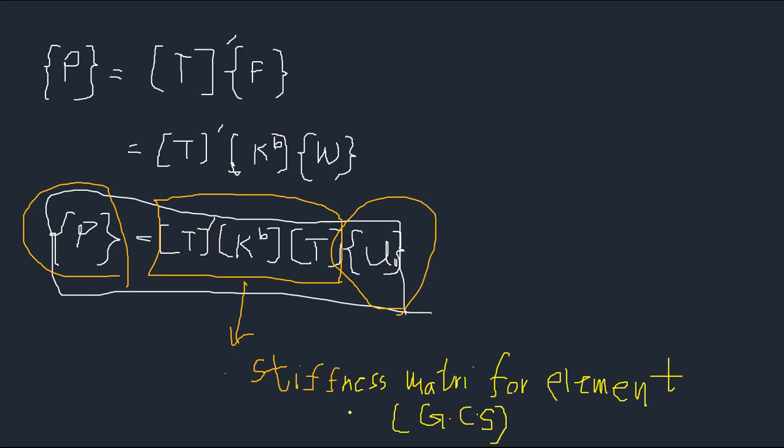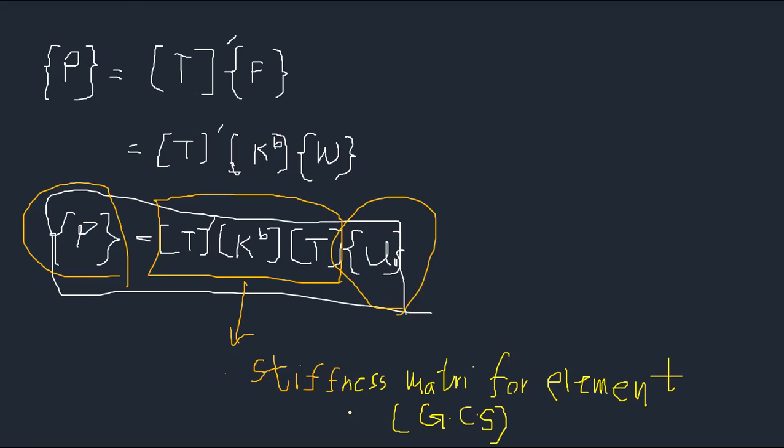Or else you can say stiffness matrix for a truss element, because a truss element can be at any angle. It's not the same as a bar element. In a bar problem, your loads are axial and bars are also connected axially.